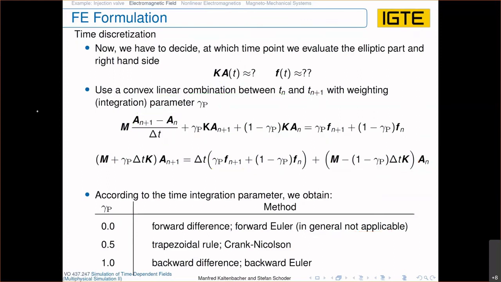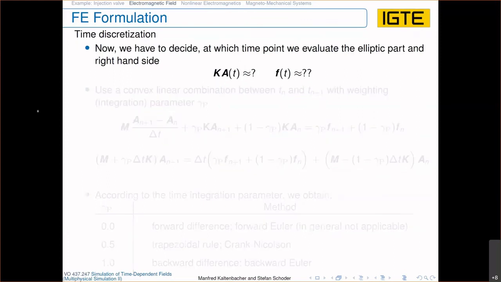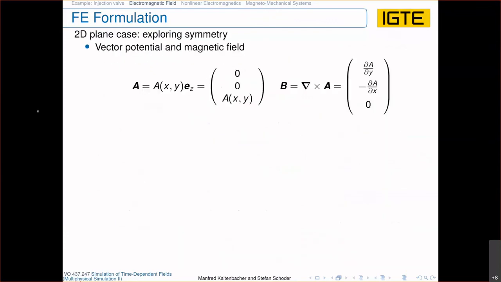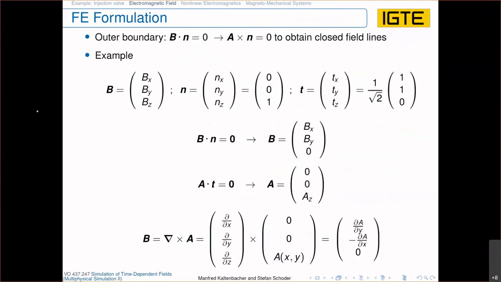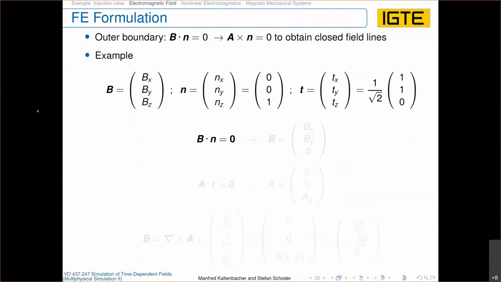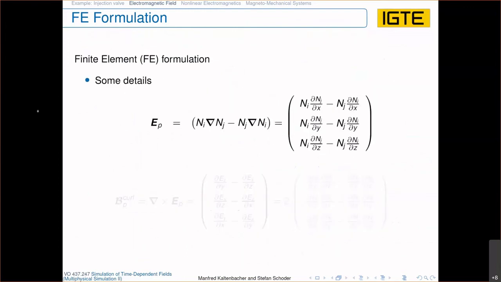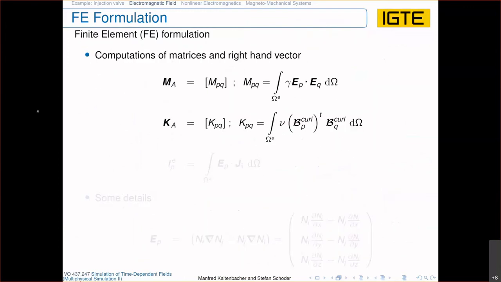I just want to go back to where we computed the mass matrix. And perhaps you remember that the material parameter entering the mass matrix is the electric conductivity gamma. Mostly you also have air within your computational domain.